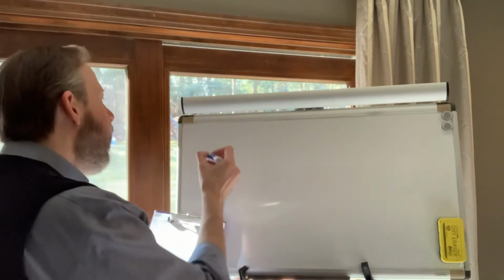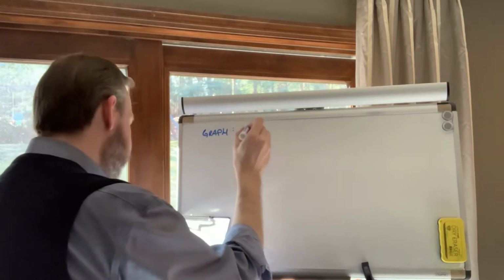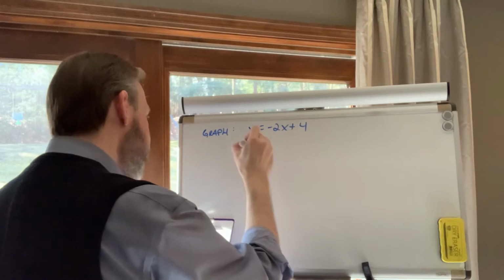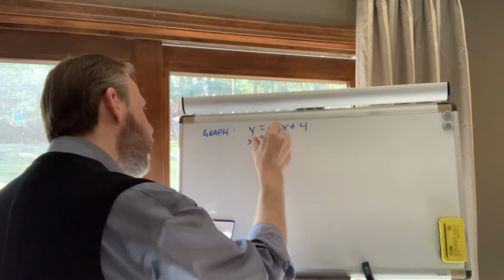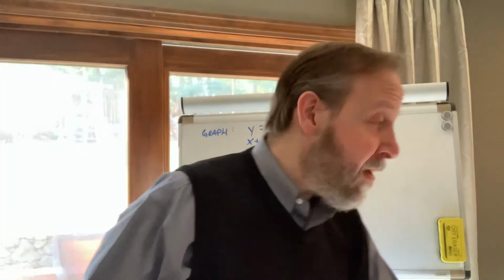For our review today, we've got a simple graph problem to solve first. So, solve by graphing. This one says y equals negative 2x plus 4, and x plus y equals 3. Well, I know that one of them is in slope-intercept form.